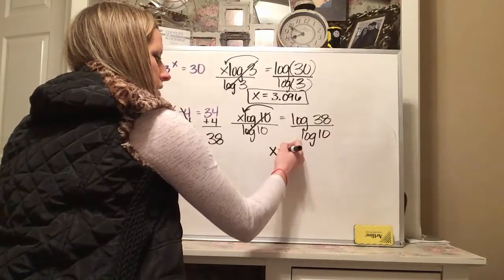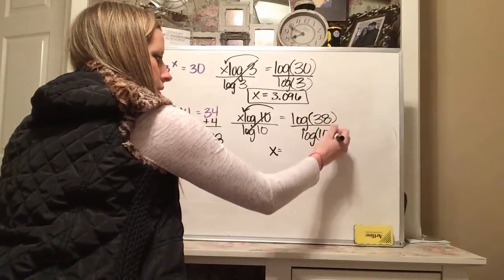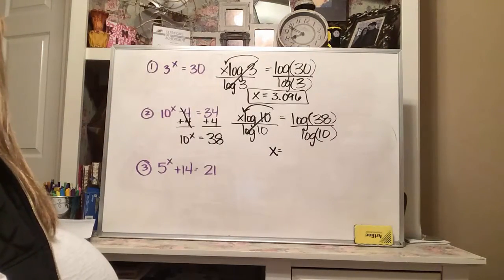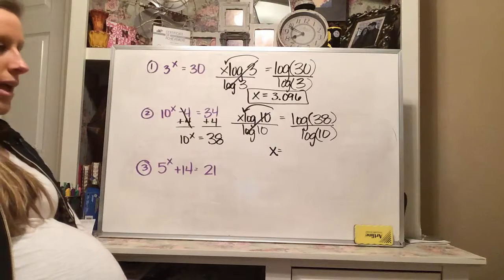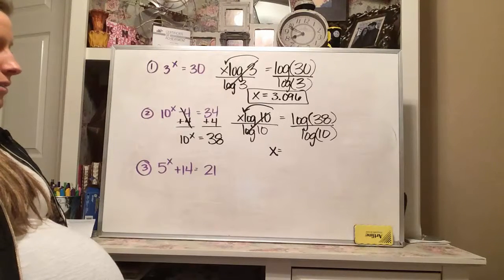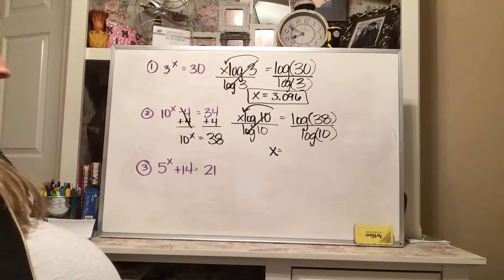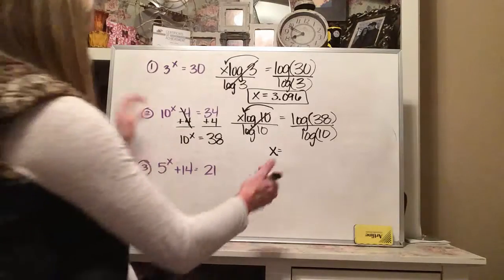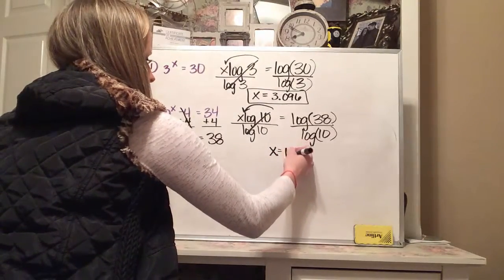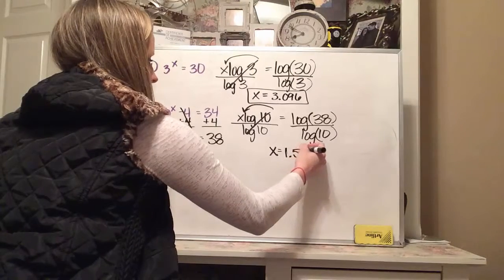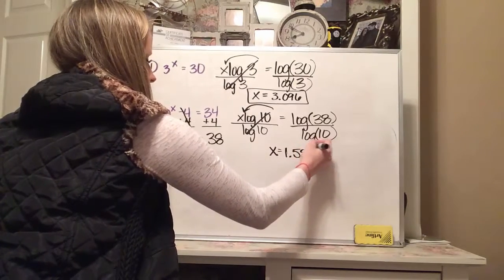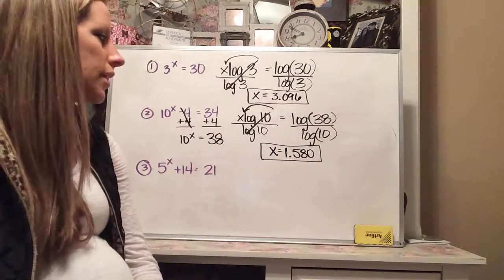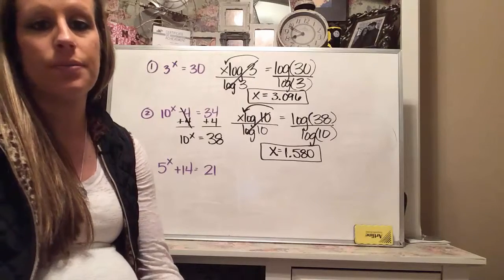I want you to punch that in your calculator, see what you get: log of 38 divided by log of 10, rounded to 3 decimal places. You should get 1.580.